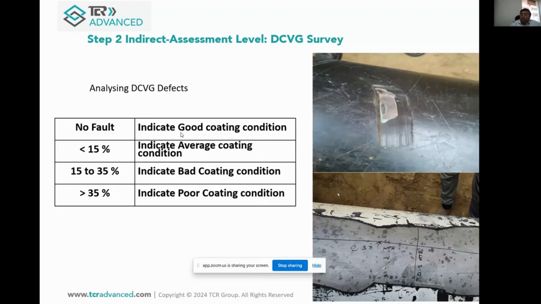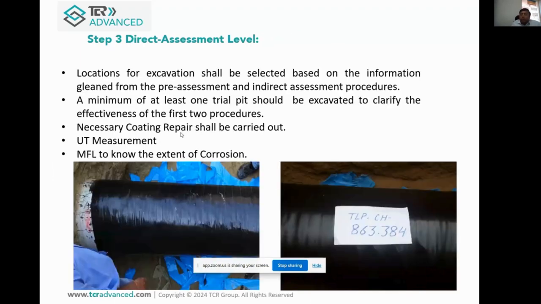You can clean, and then you can repair it with your coating repair, wrapping coating, and you can make it further. So coating repairs shall be carried out, with UT measurement and MFL to know the extent of corrosion. You can even carry out a magnetic flux leakage test to know the extent of corrosion.